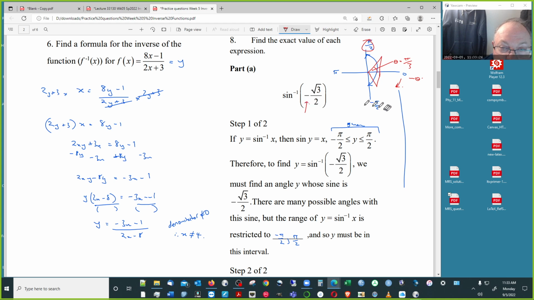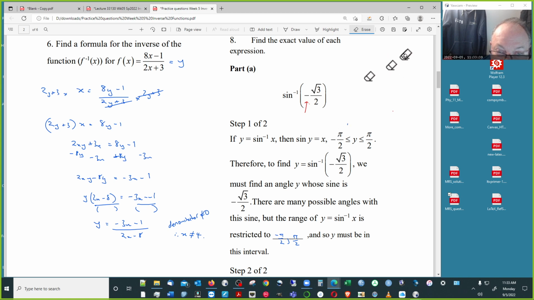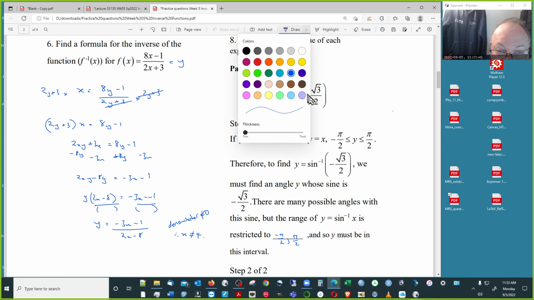Okay, so we can't just jump to the conclusion. We've got to do it all again. It's exactly the same idea, and it'll land in the right place for us, but we just need to keep our wits about us. So the given domain is fine, but let's just do the thing with the minus. I'll get my blue one back.